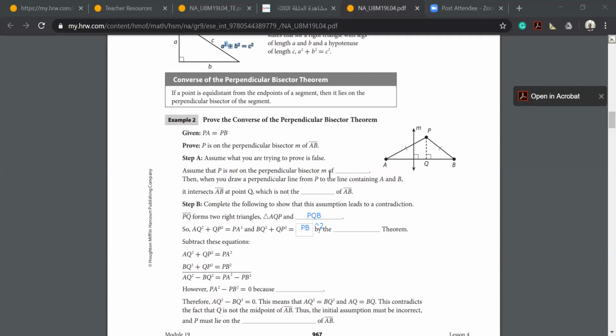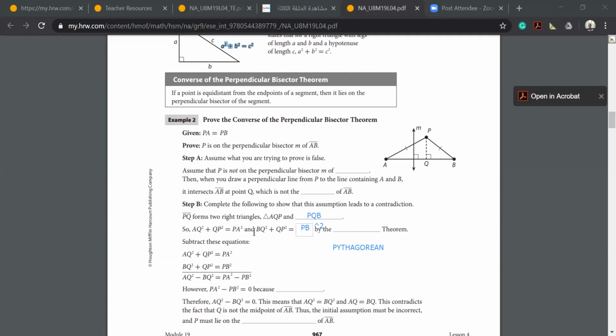You do it PB square. By the what? By the Pythagorean theorem. I'm going to just write it down because it's a very long word. Using the Pythagorean theorem. Very well.